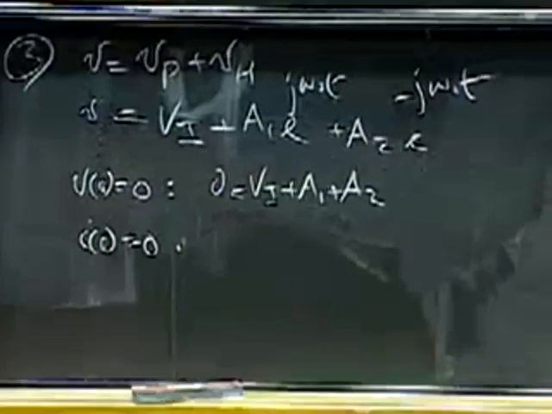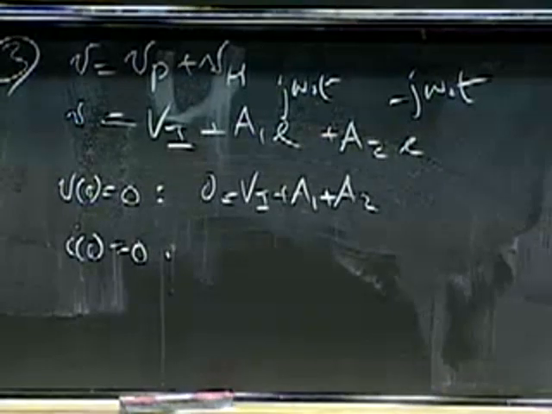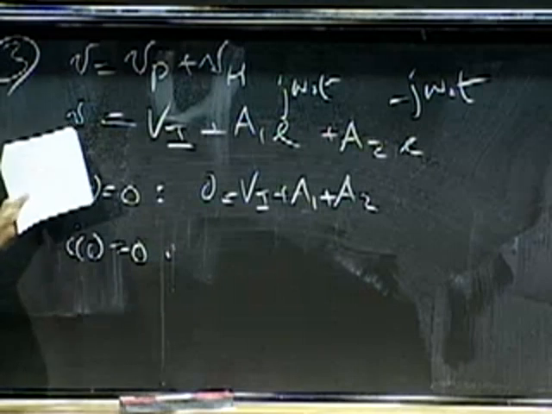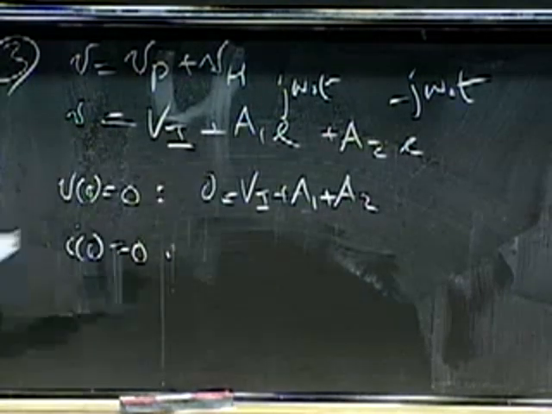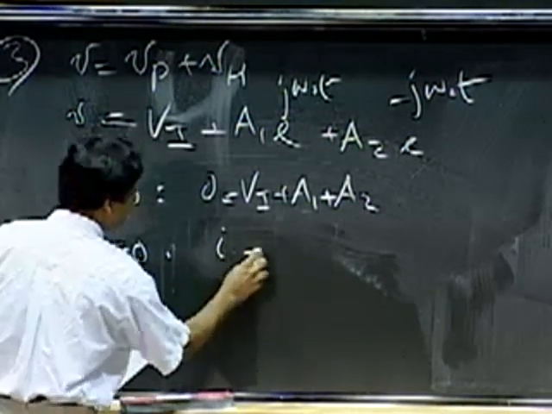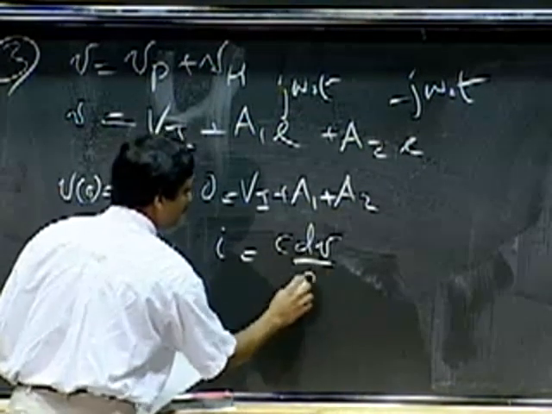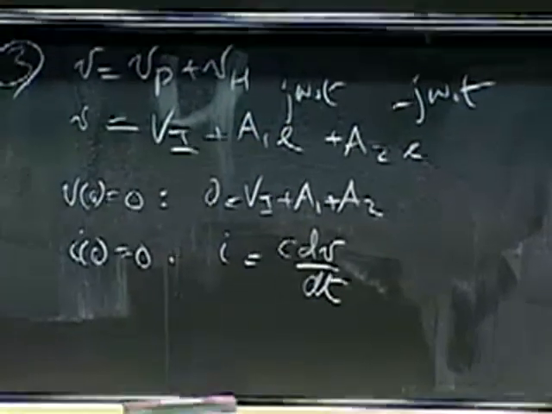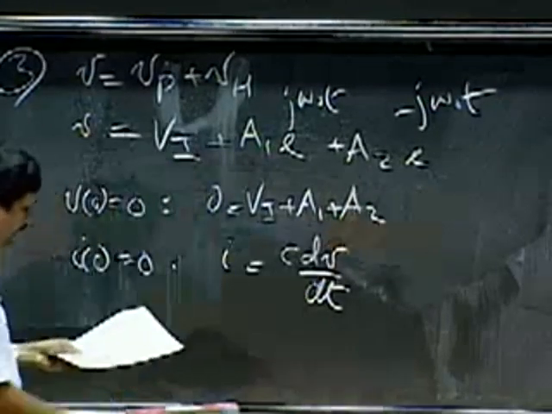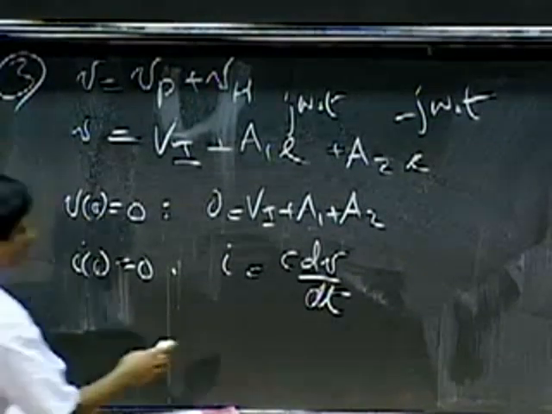And then I'm also given that I of 0 is 0, and so I can get that as well. How do I get I? I know I is C dV dt. So I can get I by simply multiplying by C and differentiating V with respect to t.